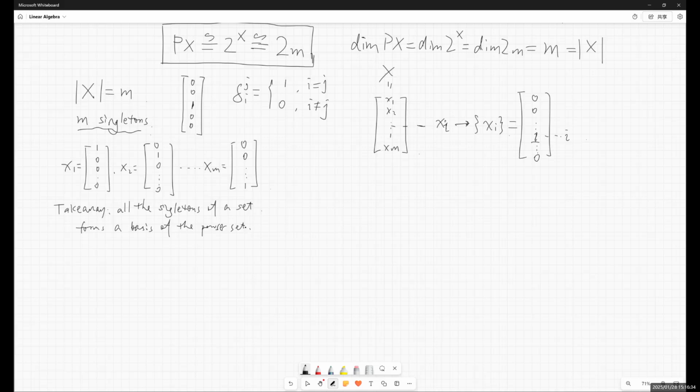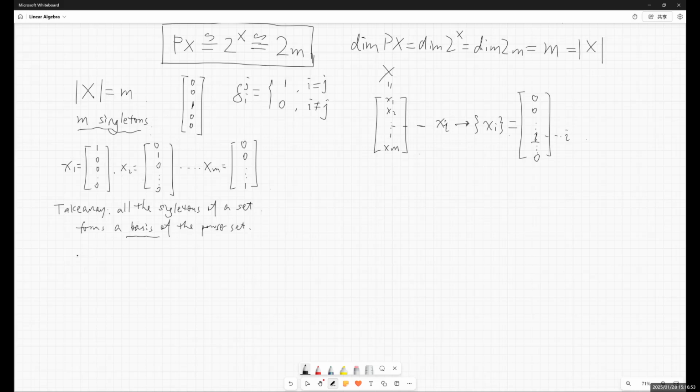We have not talked about linear algebra, but we have already understood what the concept of basis is. What's the meaning of the basis?